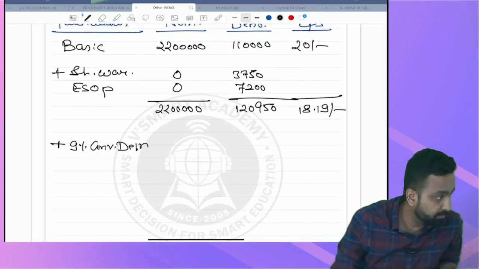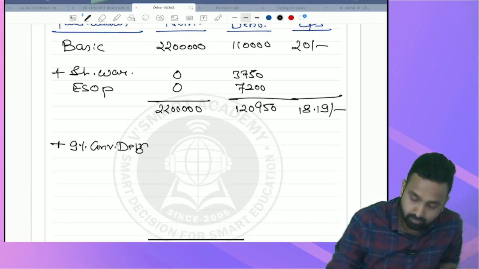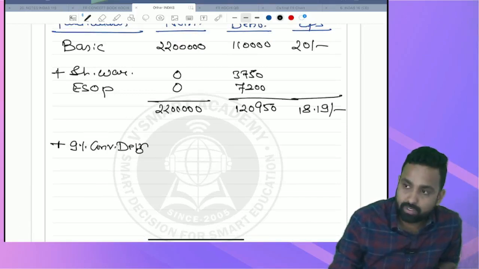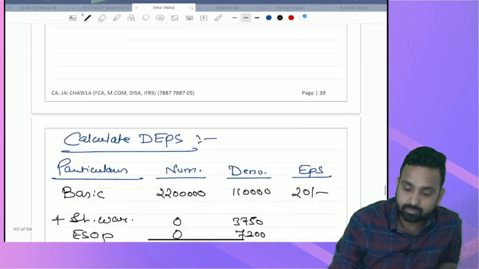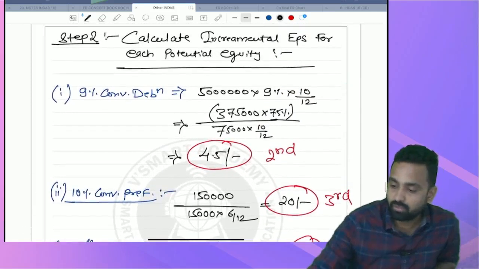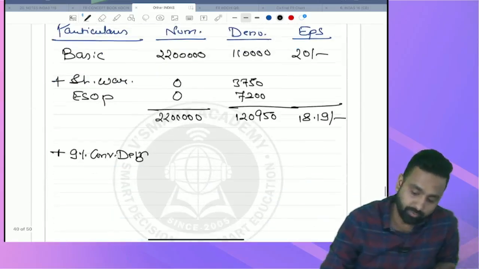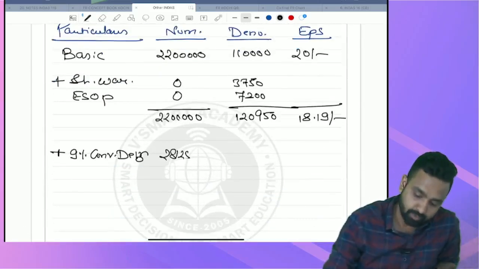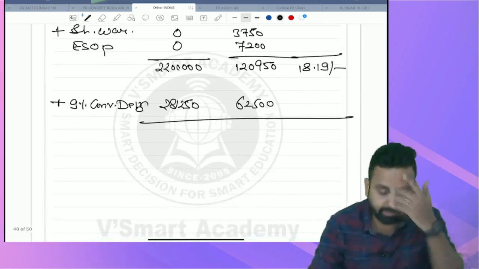Tell me the numerator. 281,250. 62. Okay, do it now again.